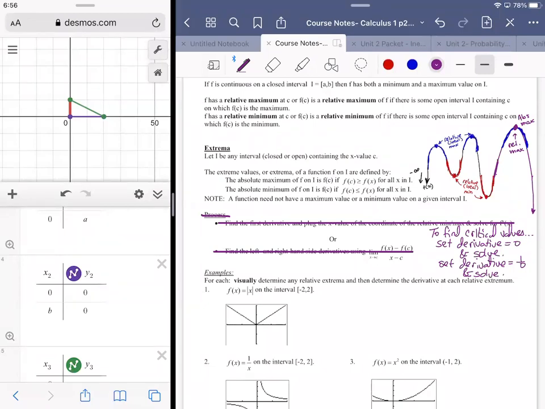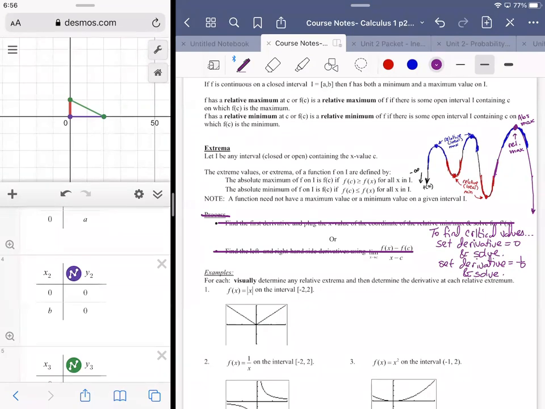Those are ways in which we can determine the critical values. And then those critical values in turn could be, not guaranteed, but could be relative extrema. I'll get into why we do that in a minute, but let's look at these examples.